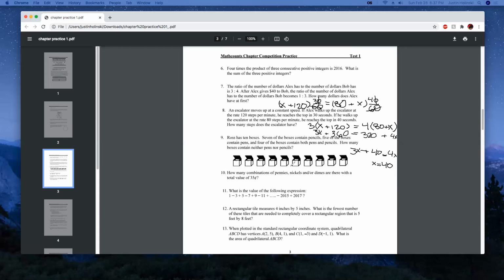I thought x was the escalator speed. X is the escalator speed, but they're asking how many steps the escalator has. So how do we use this to find how many steps it has if we're going at a rate of 40 steps per minute? Let's call that S for steps.